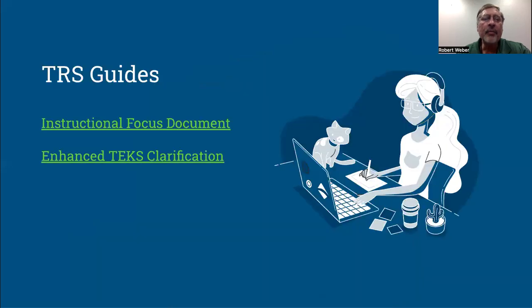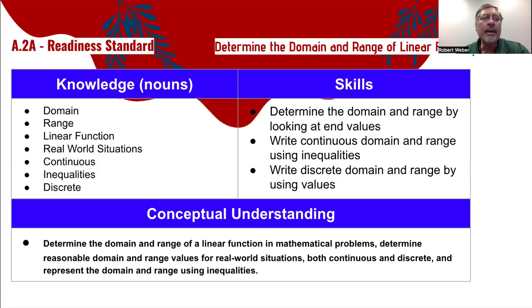Unpacking the TEKS, again, we have the instructional focus documents and the enhanced TEKS clarification. The TRS guides are heavy for us as far as preparation and trying to match the curriculum that we are trying to establish. A2A, readiness standard: determine the domain and range of a linear function. Your concepts that you're going to be teaching are domain, range, linear functions, utilizing real-world situations, continuous functions, inequalities, and discrete functions.